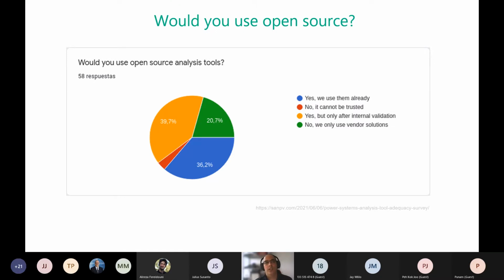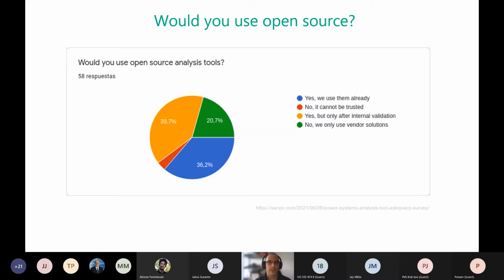Another question I asked is, would you use open source software analysis tools? And hopefully this came out the opposite of what I was expecting, because I was expecting, no, it cannot be trusted, almost everything. But I was proven wrong, hopefully, and 36% said yes, we use them already.